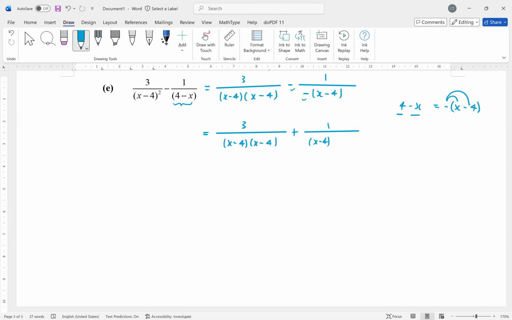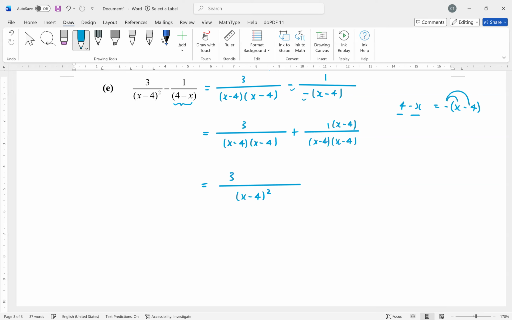Then we want to make the denominator the same. Remember, here is lacking 1 x minus 4. So we add it in, then we put it on top. Now the denominator is the same. We can combine. Both the denominators are x minus 4 times x minus 4, so we can just write it as x minus 4 squared.